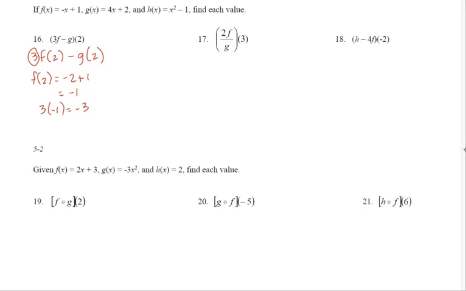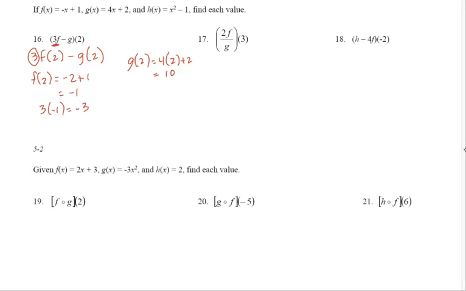Okay, now let's work on the g of 2. So that means I'm going to go over here to the g function and put 2 in for x. And that's 8 plus 2 is 10. Okay, so the overall problem says once we found these two, 3 times f of 2 is -3, g of 2 is 10. Now we subtract those two numbers.